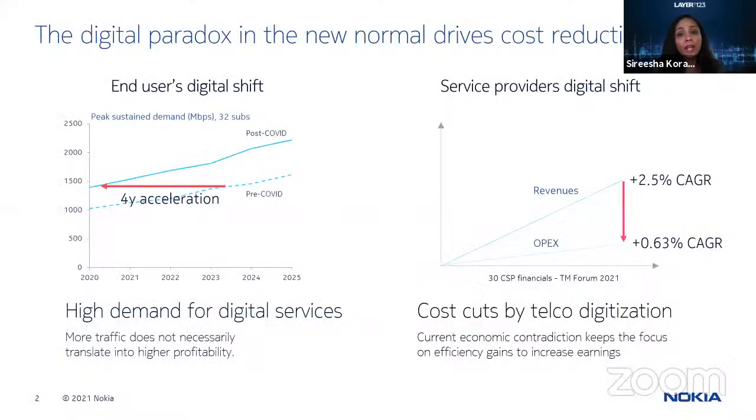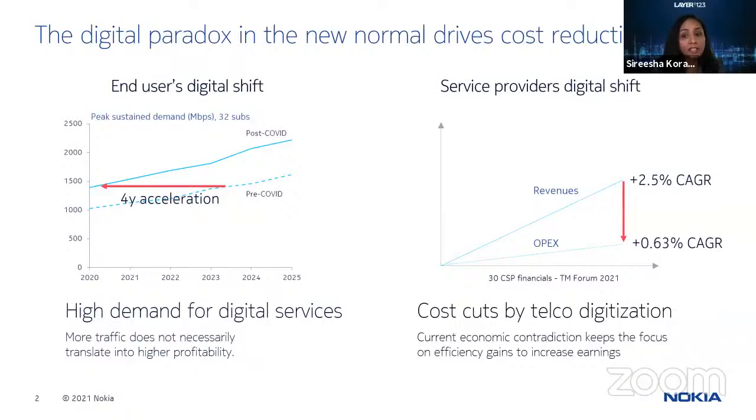Okay, before I go to the SDN and access trends and real-world use cases, I want to highlight something that is quite important. On the left side, we see a chart that shows how COVID brought a 4-year acceleration to the broadband demand. We all know that broadband demand is growing over time, but it has become more evident with this acceleration.